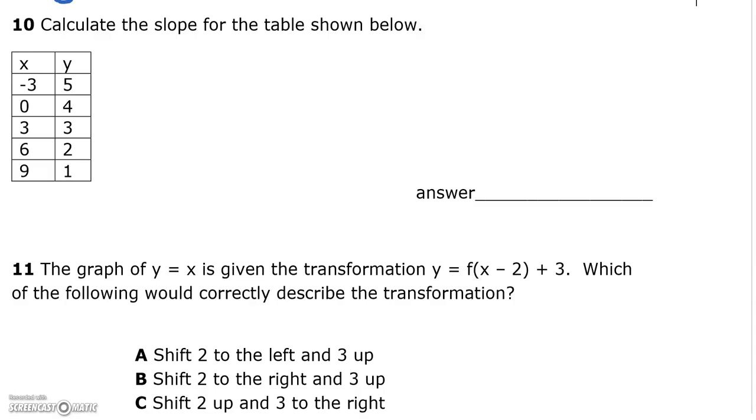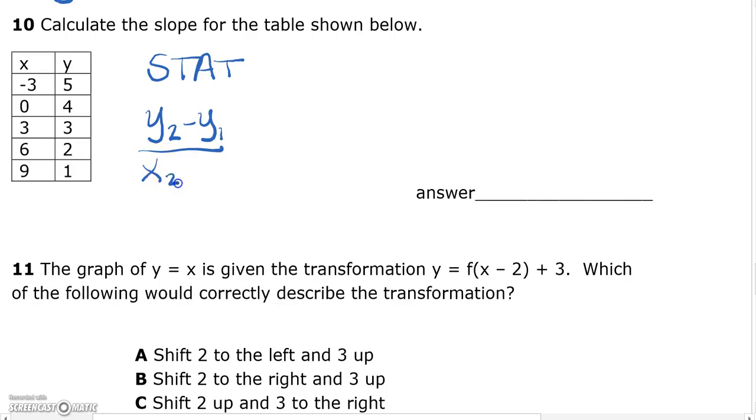Okay, on the next one, calculate the slope for the table shown below. You either need to use stat or the slope formula. Now, the people that use stats, some of them still got points taken off because stat gives a decimal and I counted off points if you wrote it as a decimal because it wasn't precise.